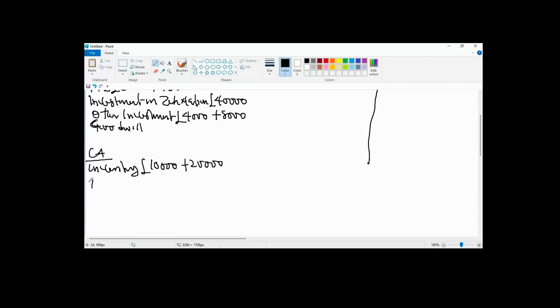Trade receivable, 29 plus 26. Bank, 2,000 plus 1,000. Total assets.